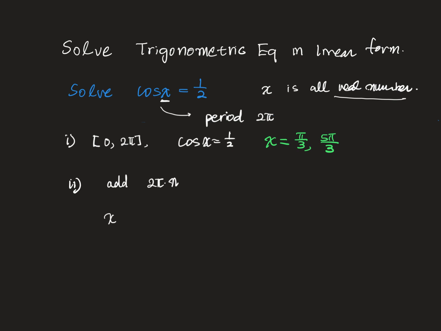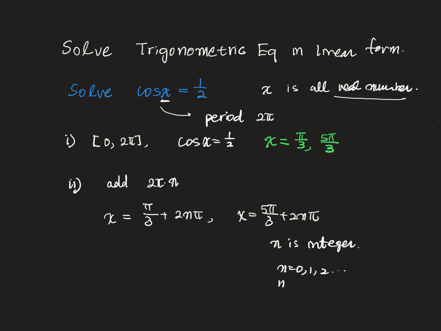So the answer is x = pi over 3 + 2n pi, or x = 5 pi over 3 + 2n pi. n represents an integer, which means n can be 0, 1, 2, or -1, -2, any integer.